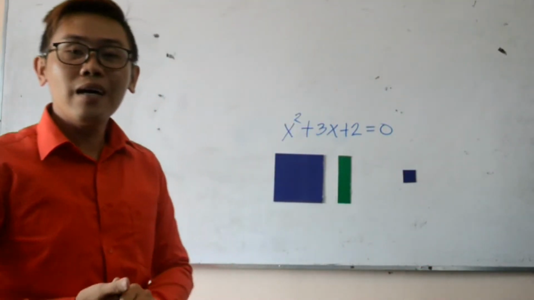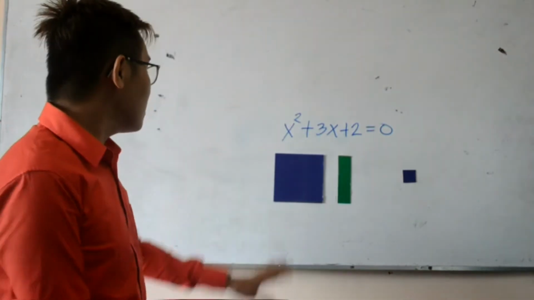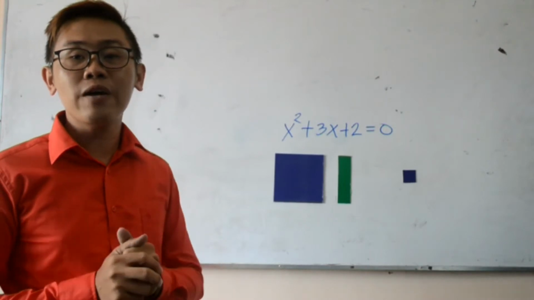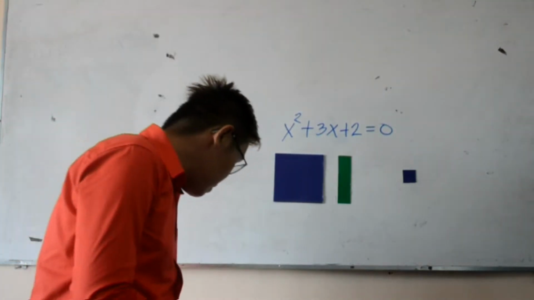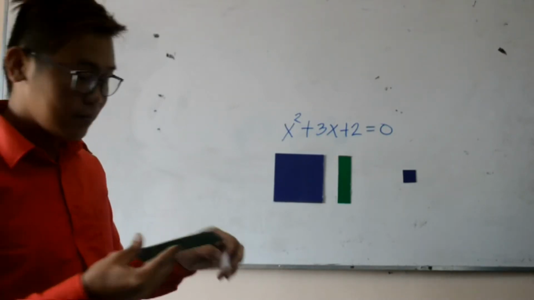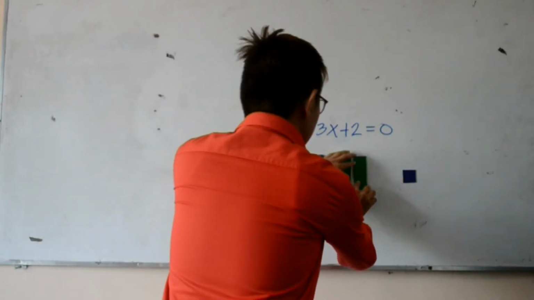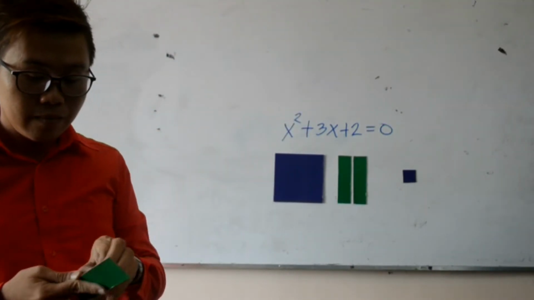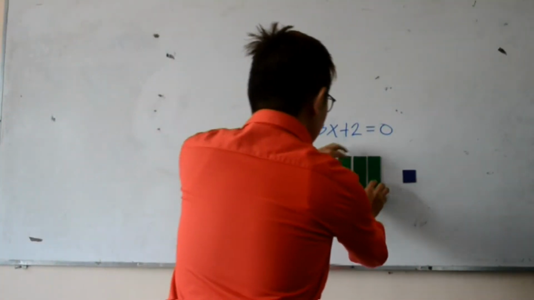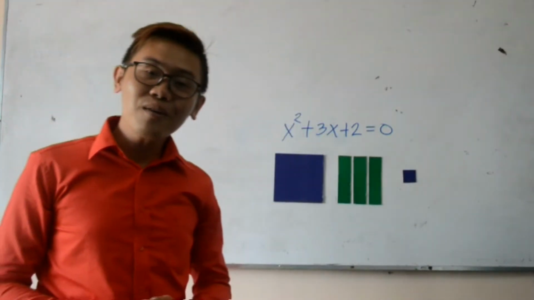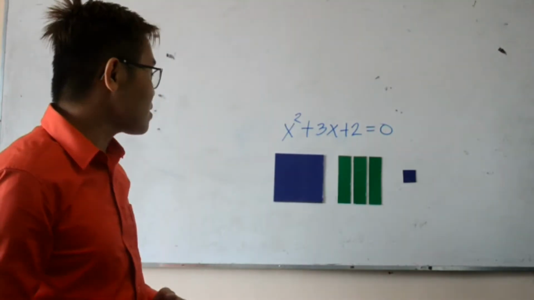Consider the quadratic equation, x squared plus 3x. We need 3 rectangular tiles to represent 3x. So we have now x squared plus 3x plus 2.